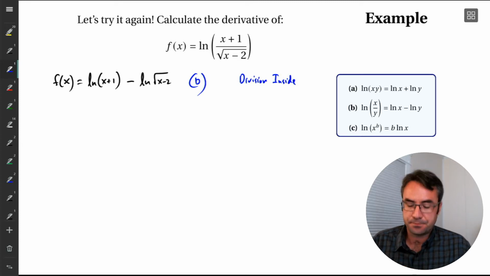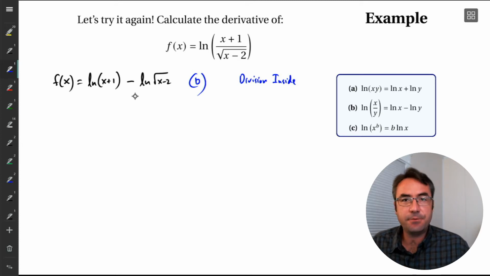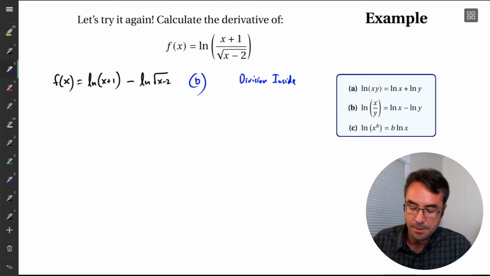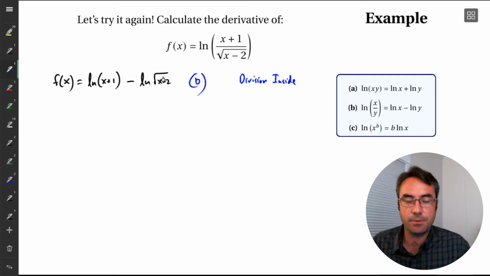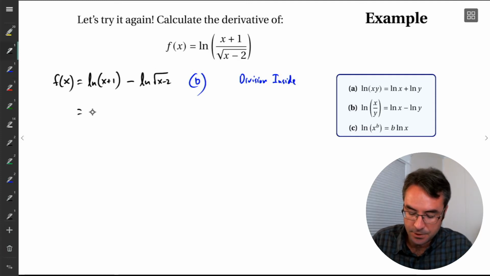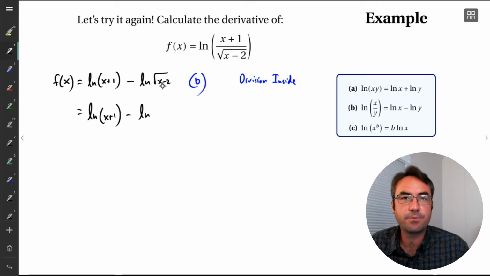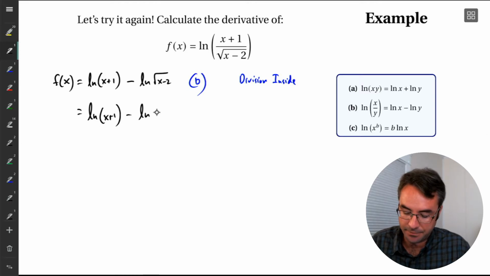All right. So now we want to see if we can simplify these any further. This first one we're stuck with. The addition inside the log function, we're stuck. We're at a point with this first one that there's nothing more we can do. But there is something we can do with the second one. So the first one we're done with. But this other one, we can rewrite that root function as raised to the power 1/2.